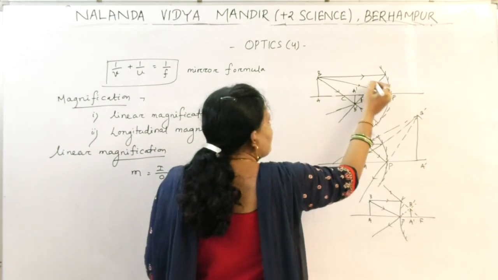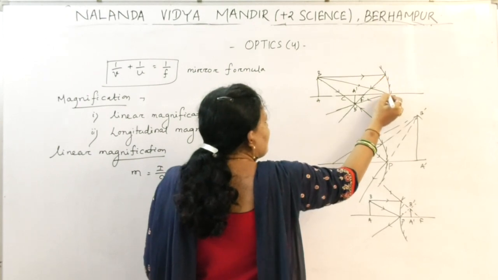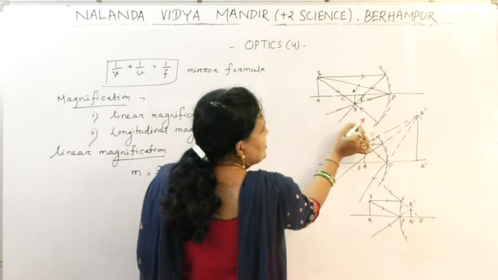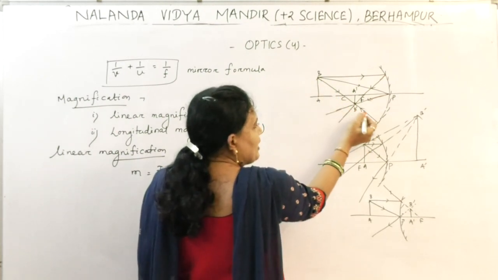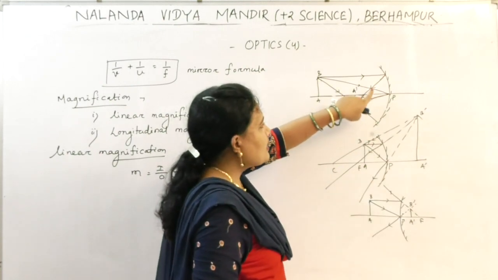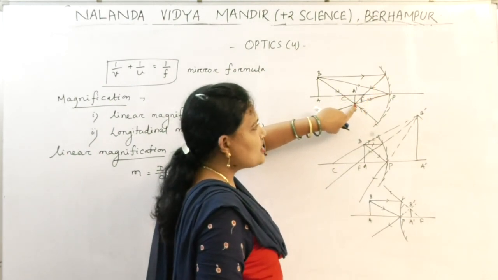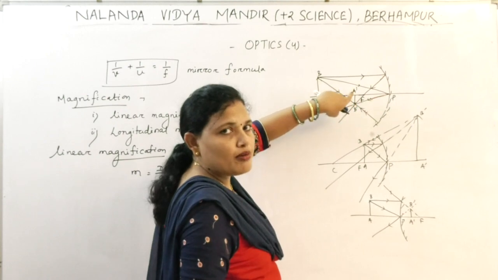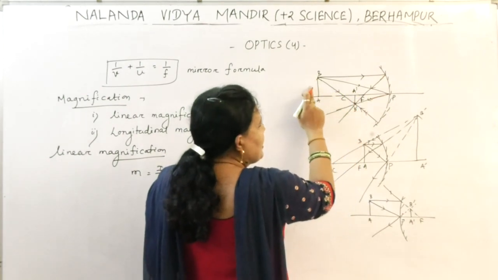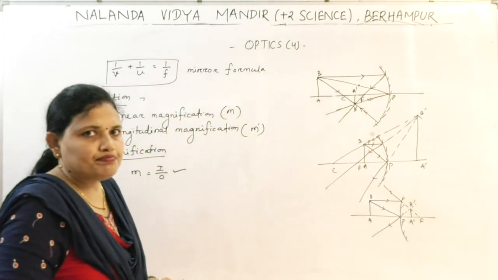So this is one reflected ray, this is another reflected ray, and a ray which passes through the center of curvature is reflected undeviated. So this is the third ray. All the three rays meet at this point. So here the image will be formed. So A dash B dash is the inverted image of AB.